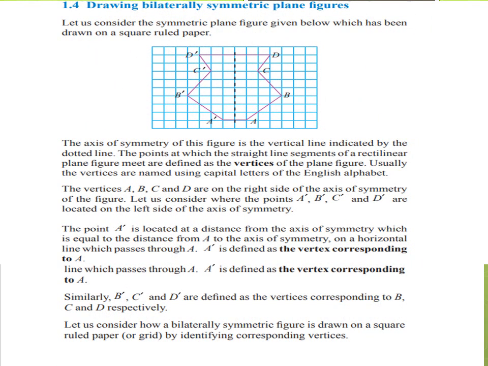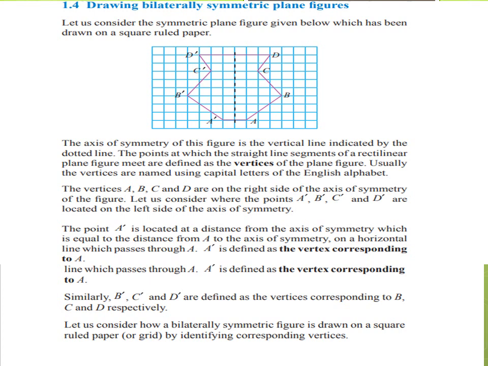1.4, drawing bilateral symmetric plane figures. Let us consider the symmetric plane figure given below, which has been drawn on a square ruled paper. The axis of symmetry of this figure is the vertical line indicated by the dotted line. The points at which the straight line segments of a linear plane figure meet are defined as the vertices of the plane figure.